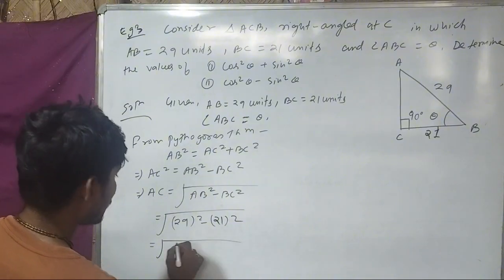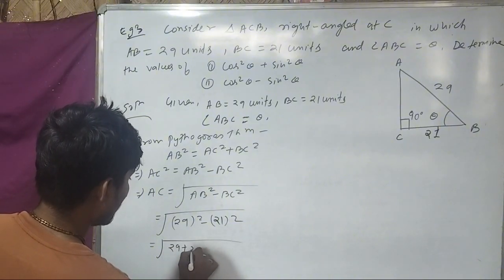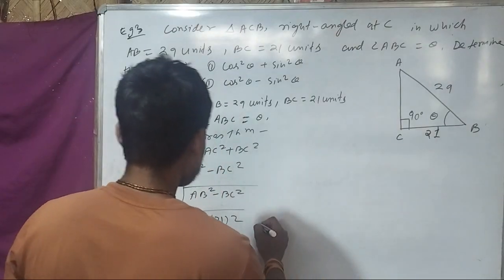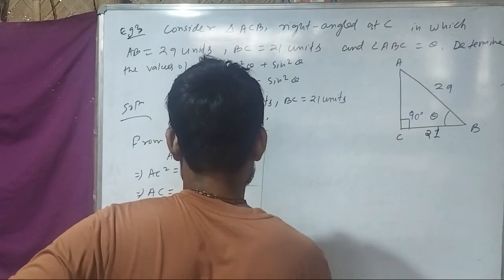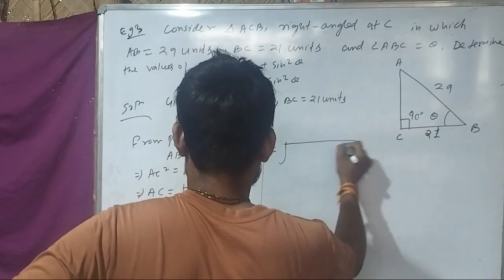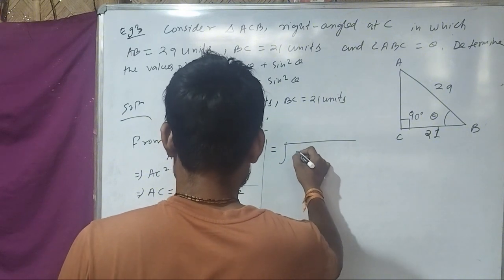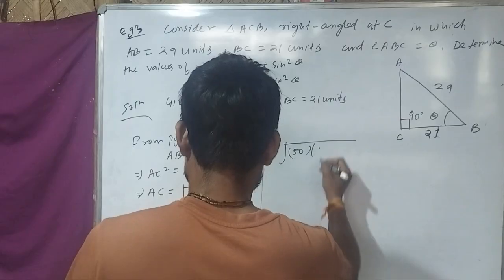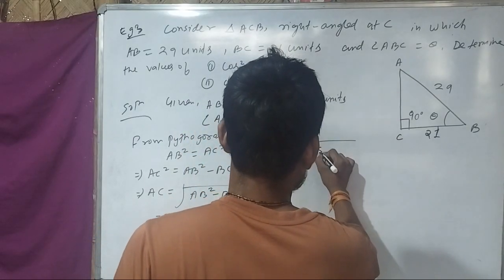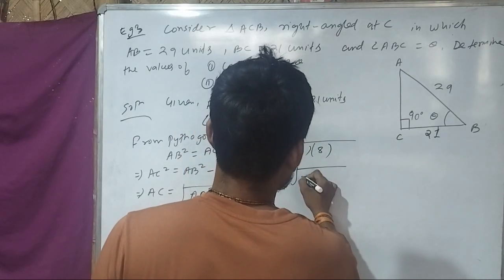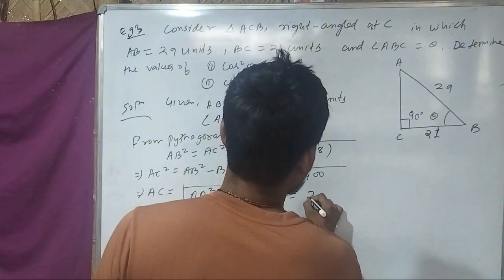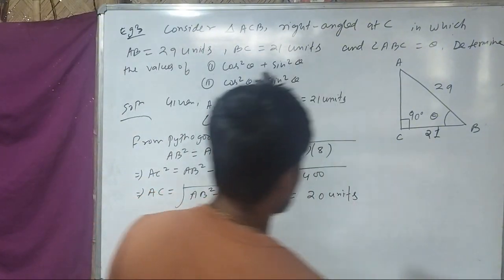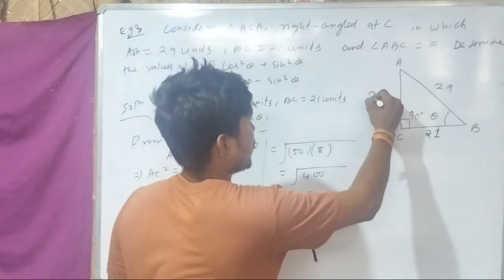It's like A square minus B square, so A plus B into A minus B. That is 29 plus 21, which is 50, into 29 minus 21, which is 8. 50 into 8 is 400. Root over 400 is 20. So AC we get 20.